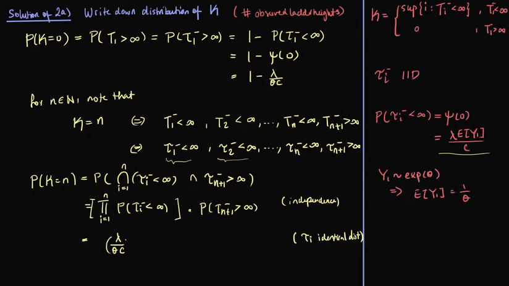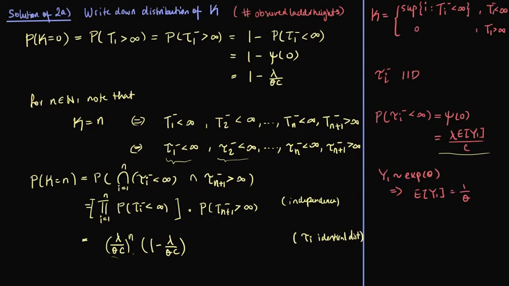So we will have to take that to the nth, multiplied by the probability of this event, which is just equal to 1 minus the probability of a finite n plus first inter-ladder time, which is again just lambda divided by theta c. And this is the answer. Actually note that for n equal to 0, this formula also works, because then the first part is just equal to 1 and you get the probability of k being equal to 0.